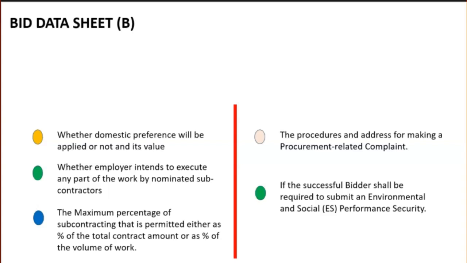We said bid data sheet is an offshoot of instructions to bidders. And we said instructions to bidders is a standard text that lays out the standard rules governing works contract, how bids must be prepared, and deadline for submission of bid.